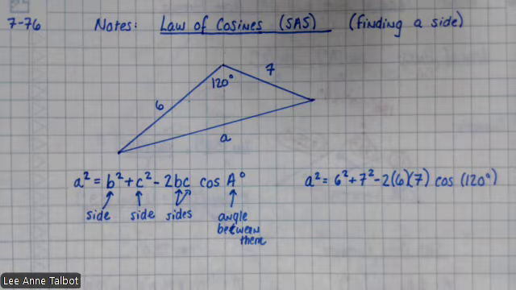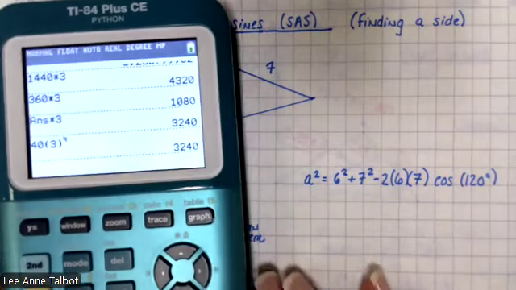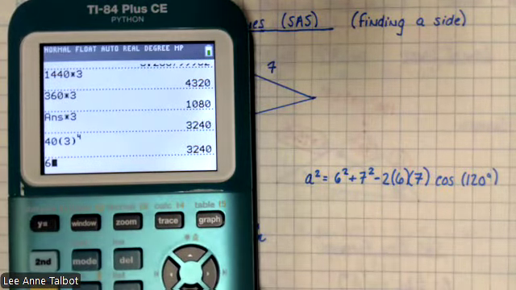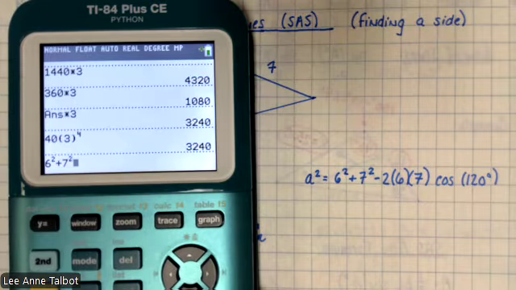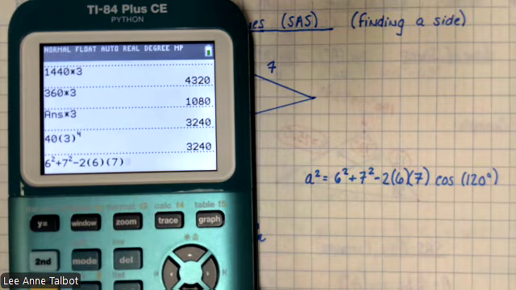Okay, now type in one fell swoop. Make sure that your calculator's in degrees if you're just grabbing it from my tray.